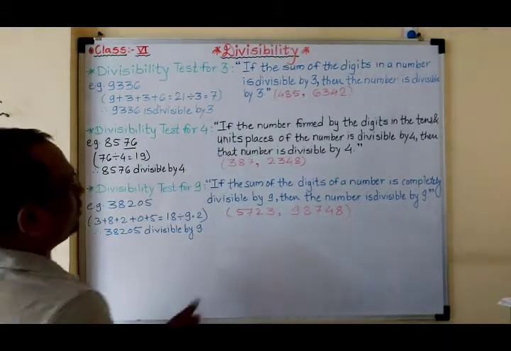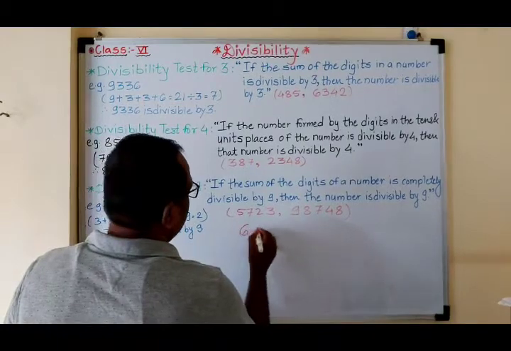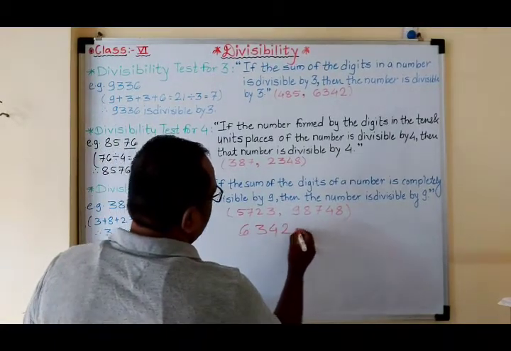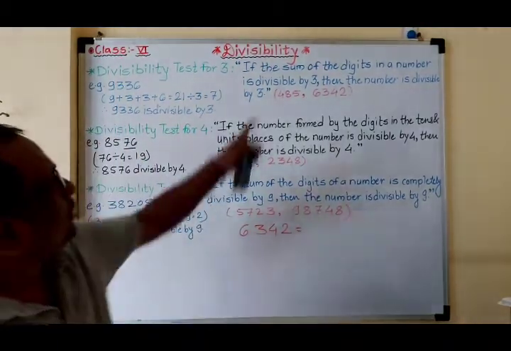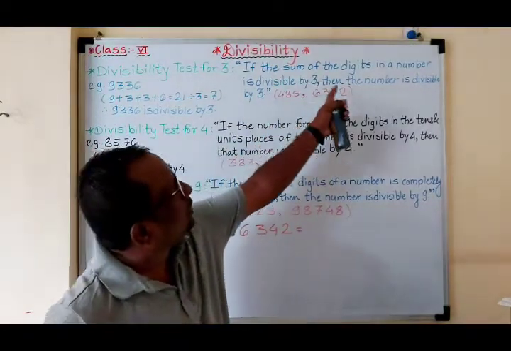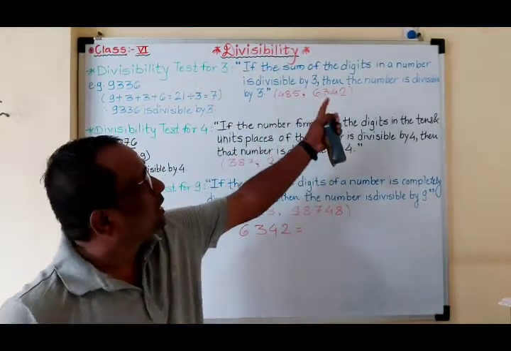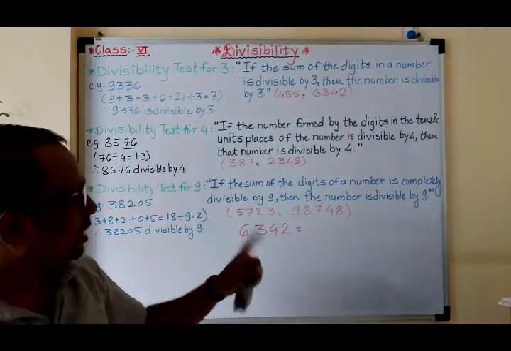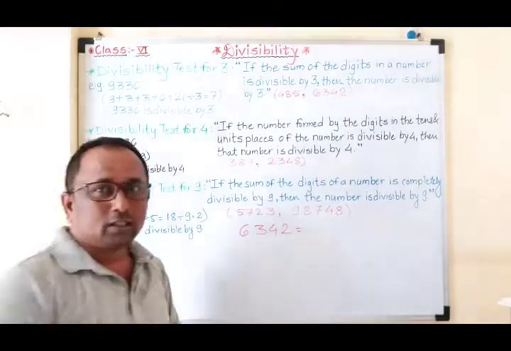Okay. Now we see the next example, that is 6342. As we know our divisibility test, if the sum of the digits in a given number is divisible by 3, then the number is divisible by 3. So we have to add all the digits of the given number.